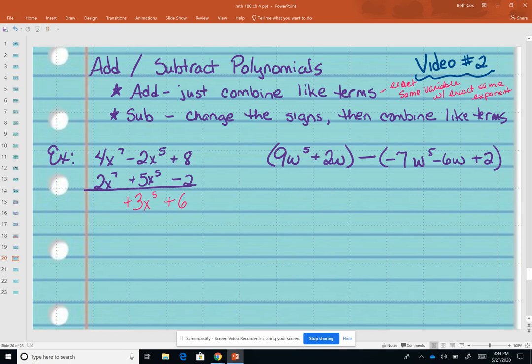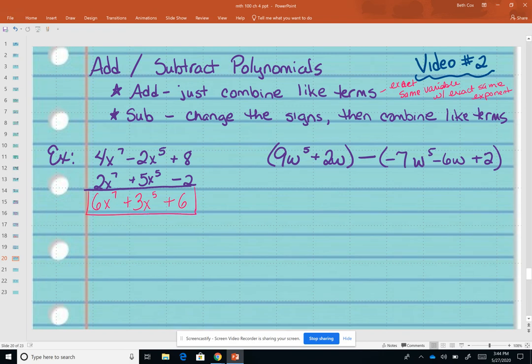And then you just write down x to the 5th. The exponents do not change. All the exponents are telling us is which ones are alike or not. That's all they're doing right now. Now, when we get to multiply in the next section, then it'll look a little bit different. But right now, all we're doing is adding and subtracting the big numbers. So this will be 6x to the 7th, and that's it.